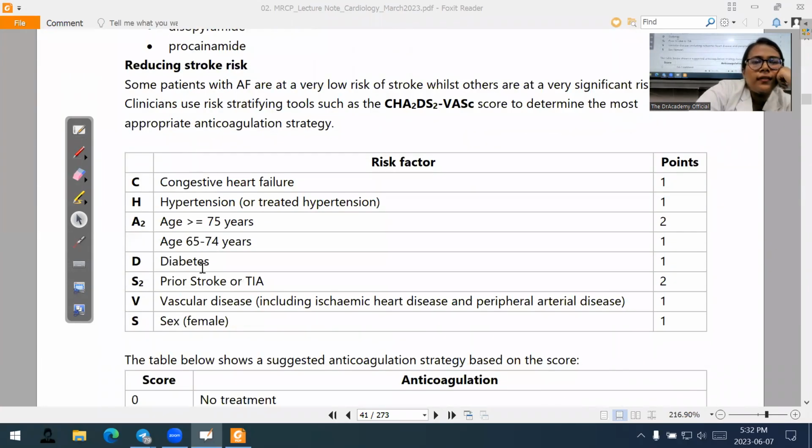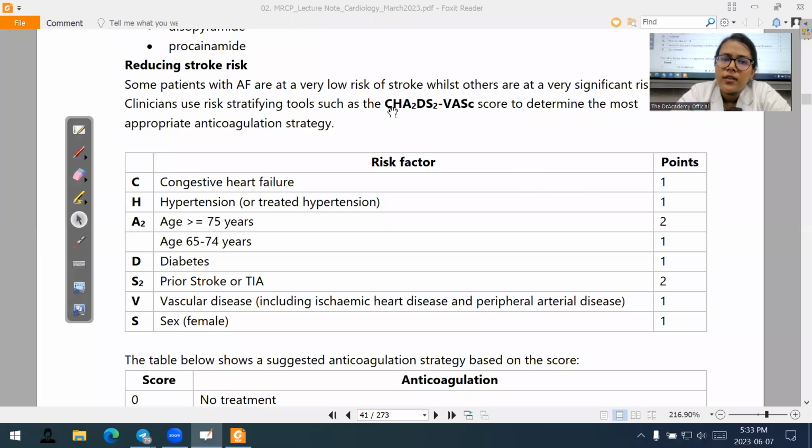Okay, we have discussed the rate control strategy and rhythm control strategy, now about stroke risk prevention, okay? You should go for the CHADS2 scoring, and there will be tons of questions on stroke risk assessment. You should always do the scoring in your mind. First look at the age, look at the sex, look whether the patient has some sort of comorbidity.